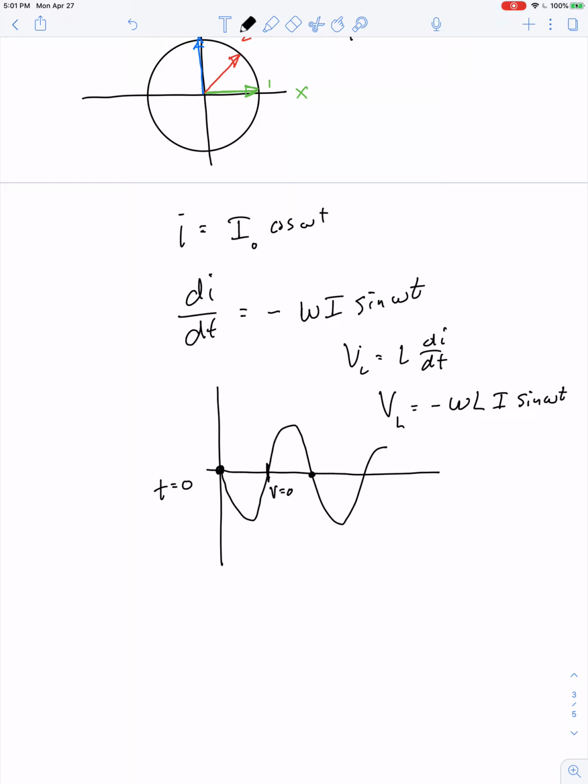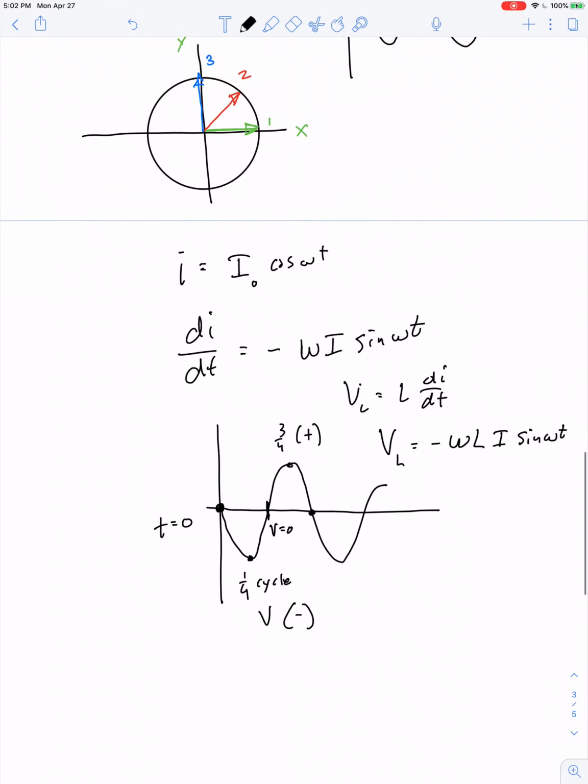And any multiple of a half cycle, we get voltages of 0. Okay, so it's after 1/4 cycle that the voltage becomes most negative, and at 3/4 of a cycle, that's when the voltage becomes most positive.